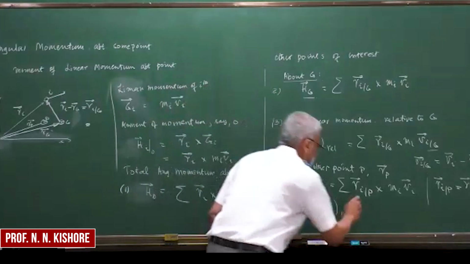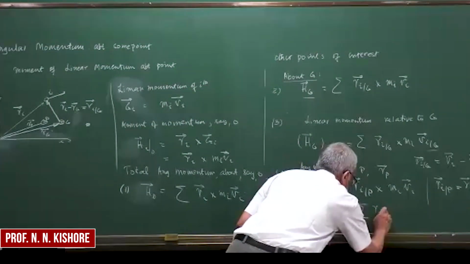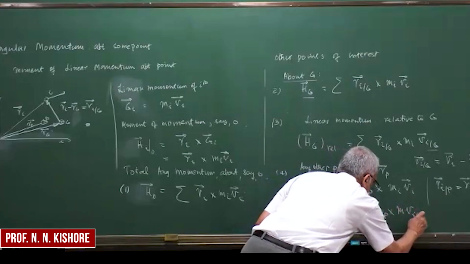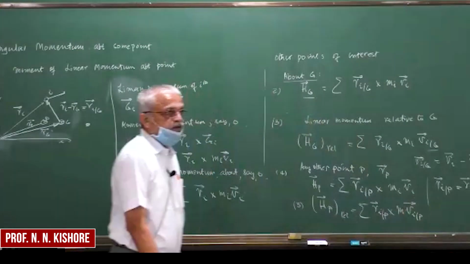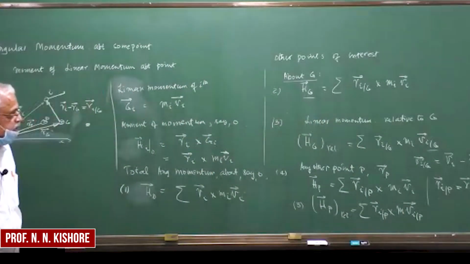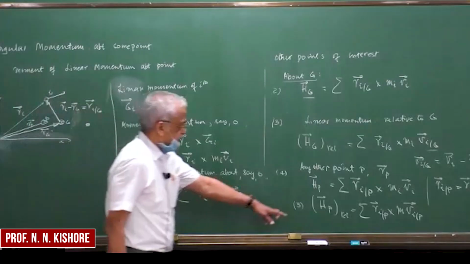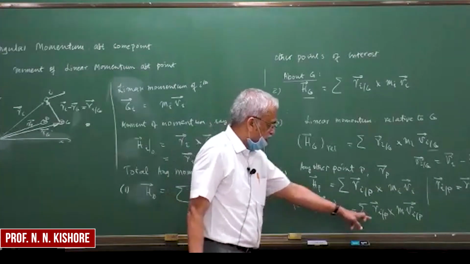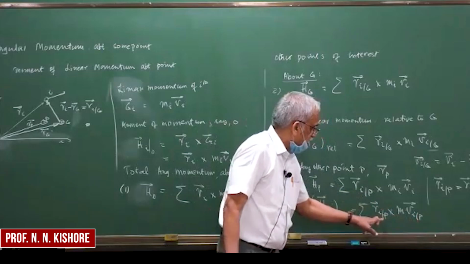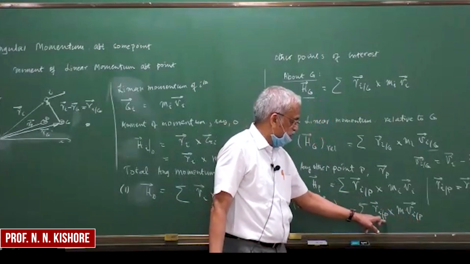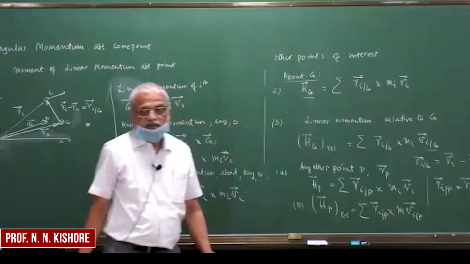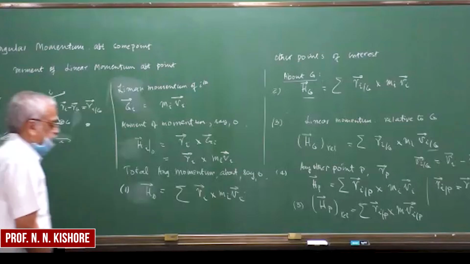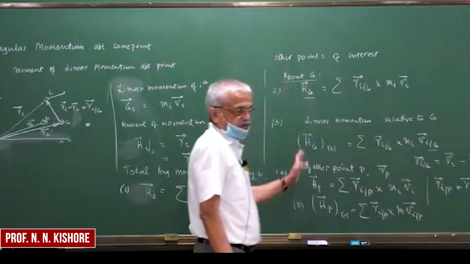In the relative case, it is still the moment about P. There are so many possibilities, and here the relative angular momentum of all the particles about P takes the relative velocity, and obviously this position vector is with respect to P. There are various possibilities which we use depending upon our convenience, and we need to understand all of them.